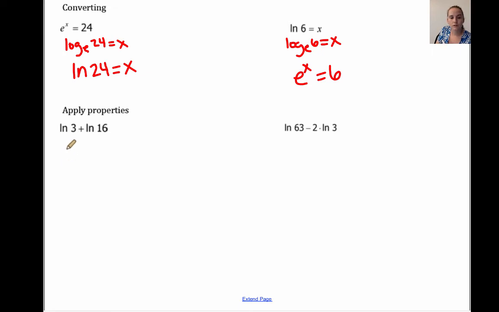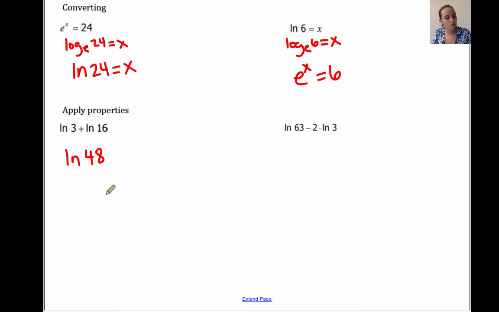So we get ln of 48, and you're going to have to simplify this, but this will not be a value that you'll know in your head because the base is an irrational number. So some irrational number to a power gives you 48.